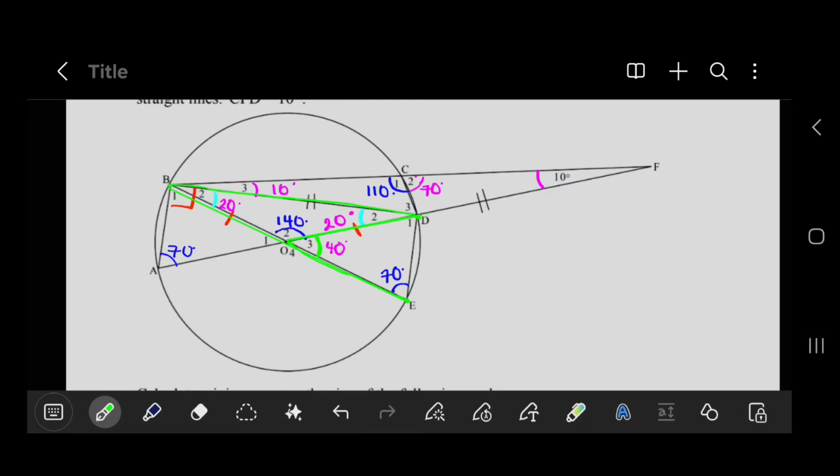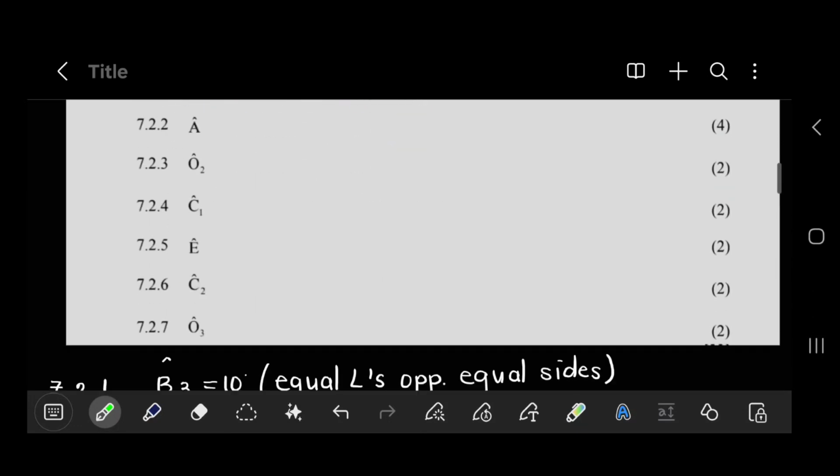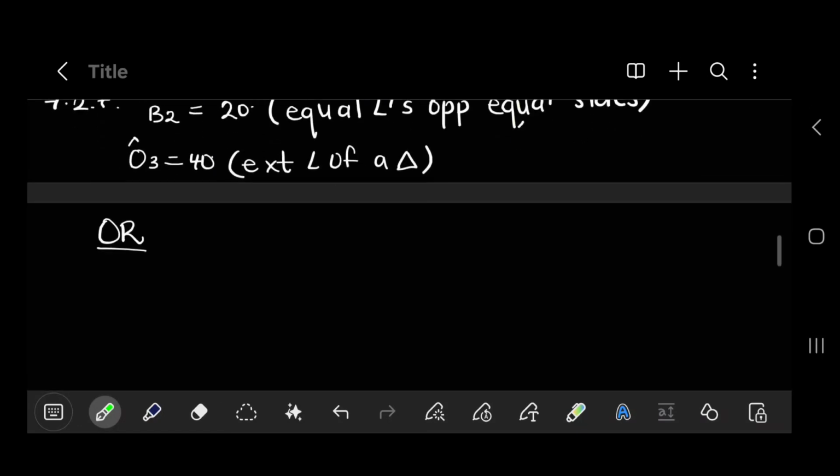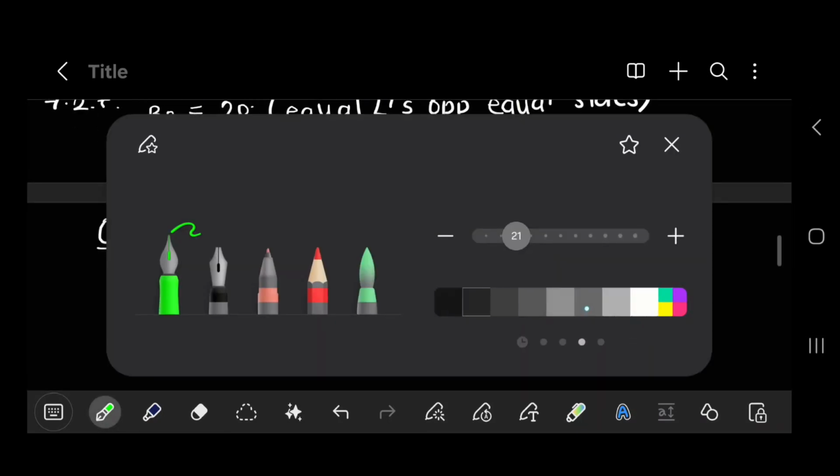And what we know is that the angle at the center is 2 times the angle at the circumference. So that is the grade 11 way of getting this answer, which actually would still require you to get B2 first, since we didn't have that initially. So if you are going to use this, this is how you would write down your answer.